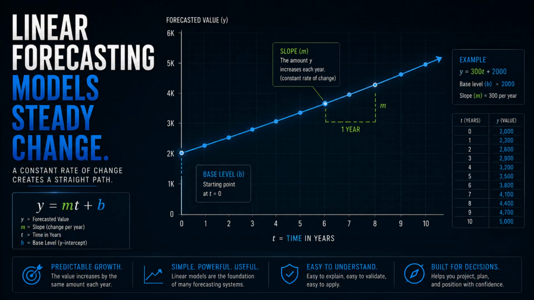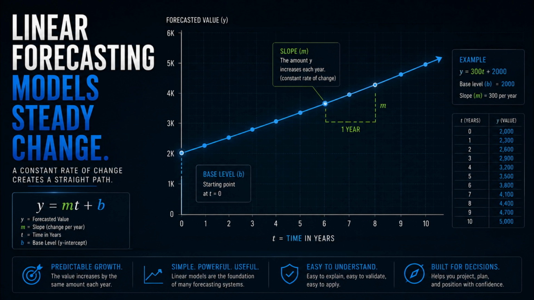This is useful when something increases at a steady rate. For example, assume a household expense starts at $400 and increases by $50 per year. That could be written as y equals 50t plus 400. At t equals 0, the cost is 400 because 50 times 0 is 0.